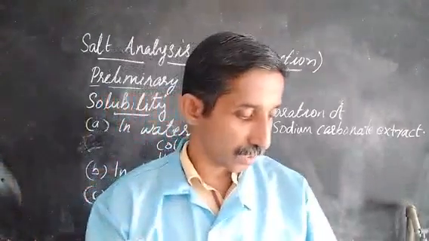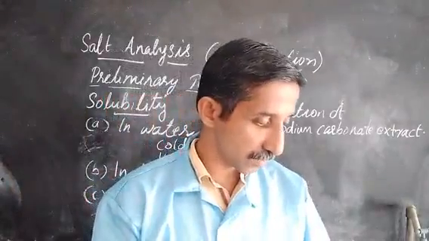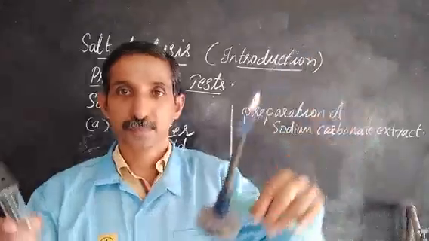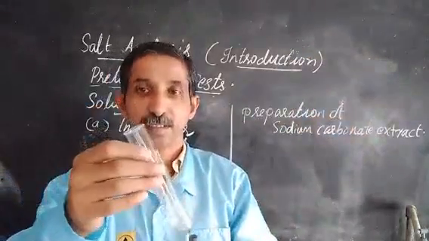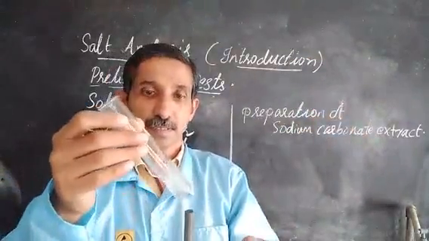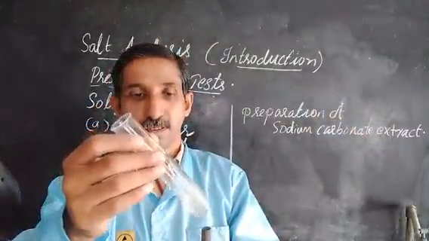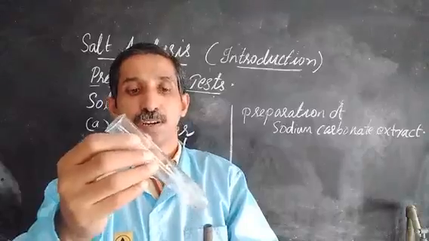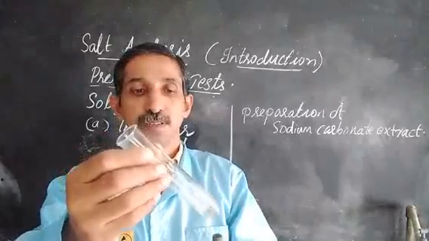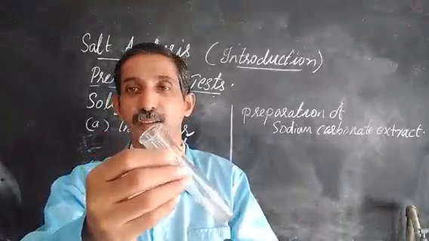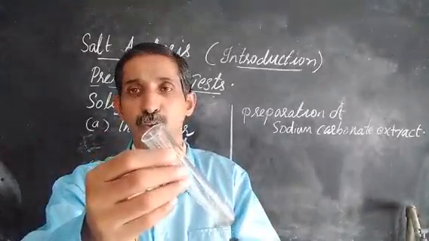Here you have the Bunsen burner, the Bunsen flame is there. You are going to heat it. Remember to use test tube holders, otherwise sometimes you may get the solution spilled on your hand.